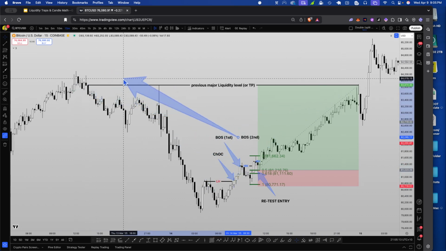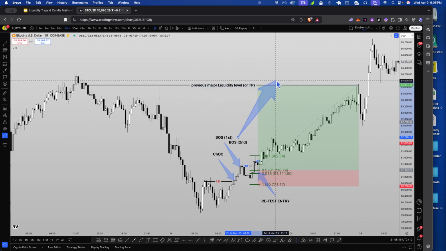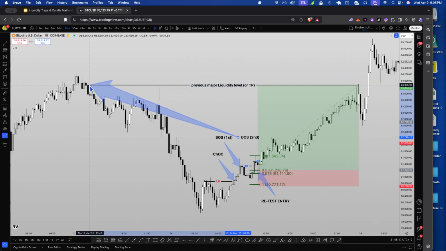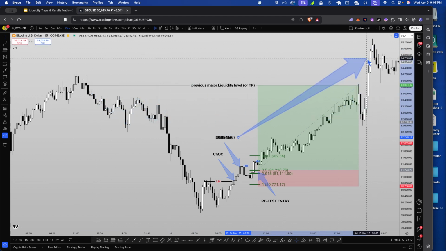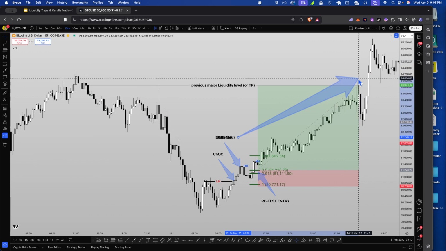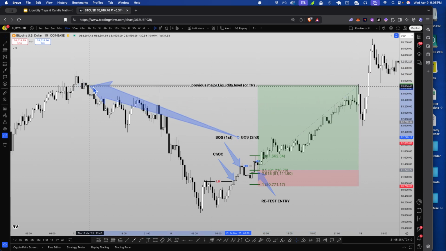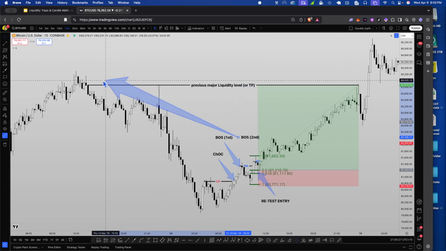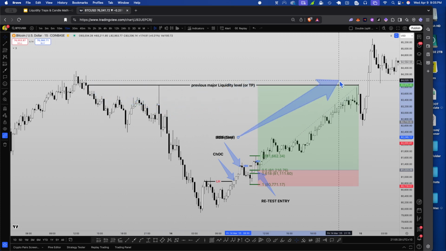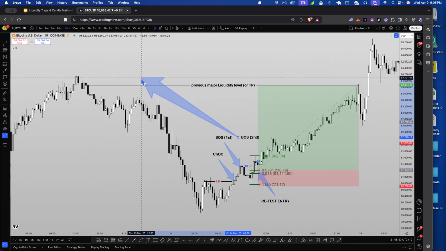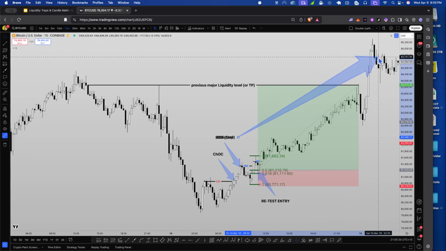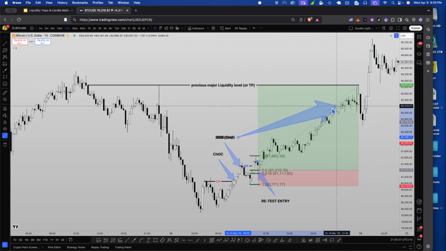So above here, we have stop losses stacked from traders. And the market eventually goes and hunts for those stop losses and liquidates them. That's why it's called liquidity, right? So it's important to understand that liquidity gets taken out eventually by smart money, and all the stop losses that were built and built up here, boom, get liquidated, and there you have it.